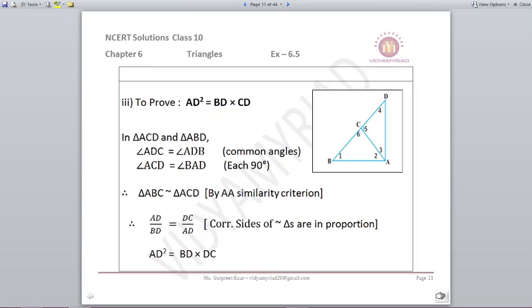So by AA criteria, the triangles are similar, and so their corresponding sides are in proportion. So I can write AD upon BD is equal to DC upon AD. Cross multiply, we get AD square is equal to BD into DC, and hence proved.